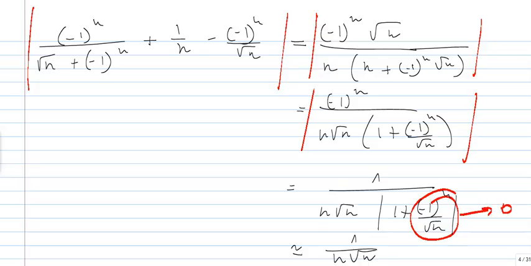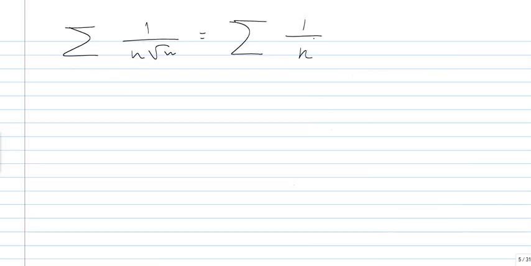Now, we can use the limit test, since the sum of 1 over n square root of n, that's the sum of 1 over n to the power 1.5, is convergent by the p-series, since 1.5 is bigger than 1.